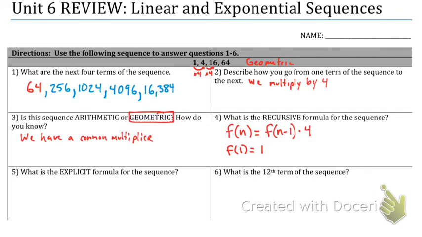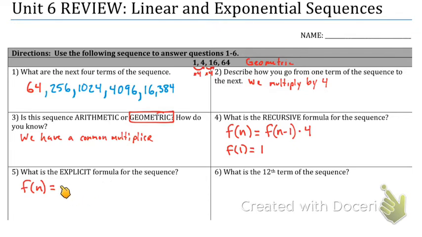All right, what is the explicit formula? We're going to do it in function form. So f of n equals, and this is the geometric formula, so make sure you understand the difference between geometric and arithmetic. There are 2 different formulas here. We're using the geometric, which says take the first term, which is 1.